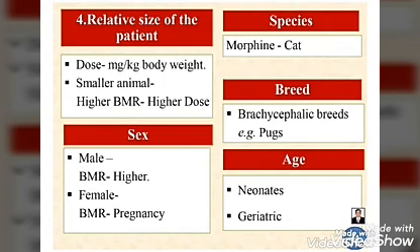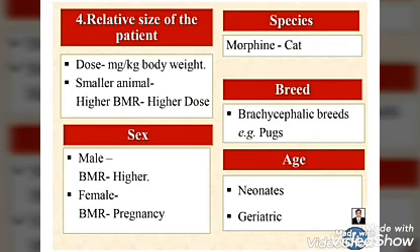The second point is the trachea, with a short neck, so the length is very short. So the tidal volume, meaning the volume of air, is less, and the reserve volume is less in the pug because of the short neck. The third point is the elongated soft palate.